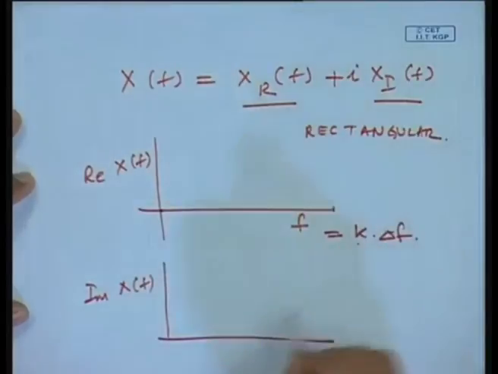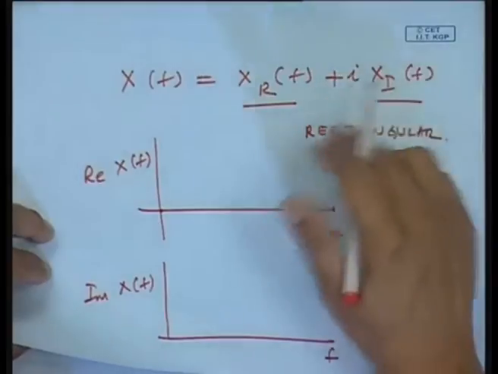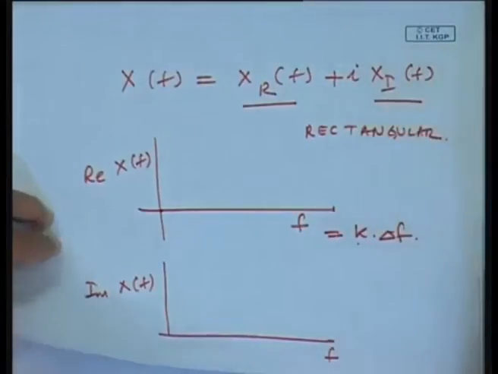So, I will get the frequency spectrum both real and imaginary, and then I can represent them in the polar form, by the magnitude and the theta.